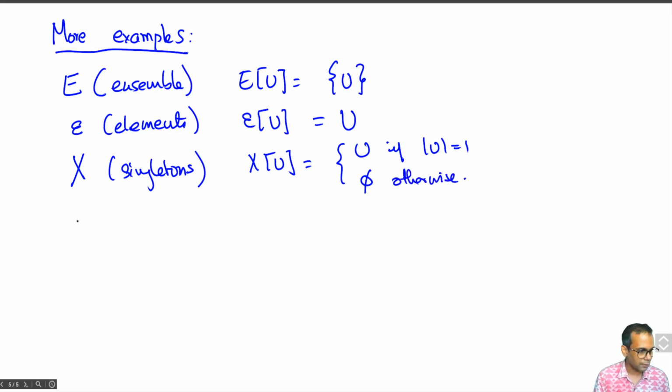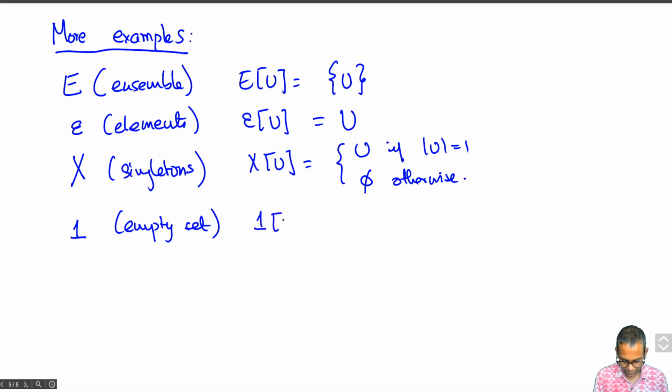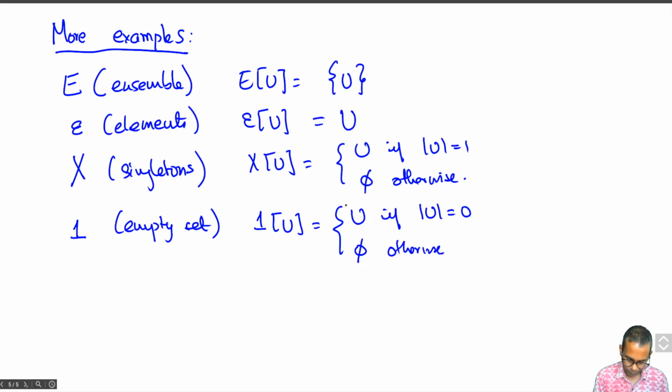And then we have 1, which is the empty set, and this is the species which will play the role of a multiplicative unit when we define the calculus of species. And 1 of u is u if cardinality of u is 0, i.e. u is the empty set, and empty otherwise. It's a singleton u, so it has one element if you have the empty set and 0 otherwise. So this will play the role of a multiplicative unit.